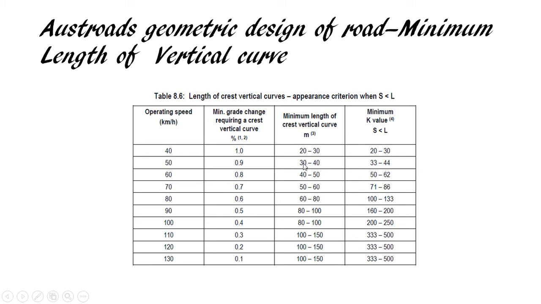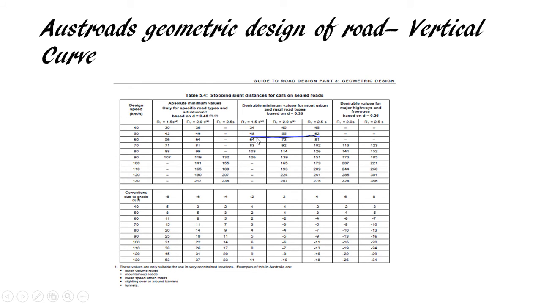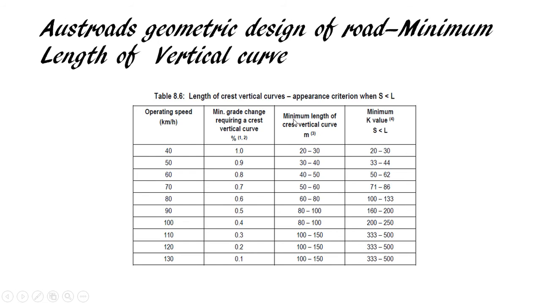However, we go for the table, so 30 to 40. Rather than this, it is always good to provide a length of vertical curve equal to the stopping sight distance.